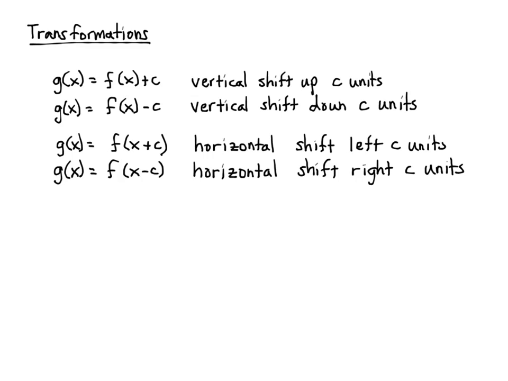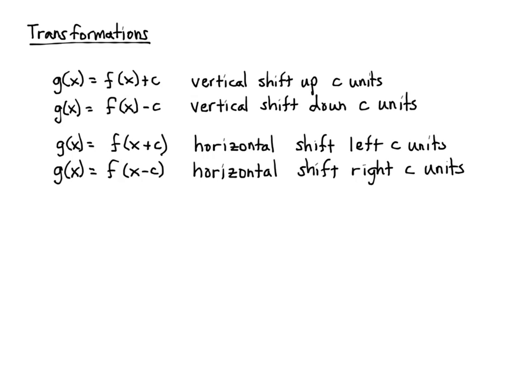When you see x minus a number, it's going to move it right. And when you see x plus a number, it's going to move it left. So this one works the way you would just expect, right? You add 2, it goes up 2. Changing the direction of this thing takes a little bit of thought. Don't mistake this x plus c as increasing x; in fact, what you're doing is moving the scale back.